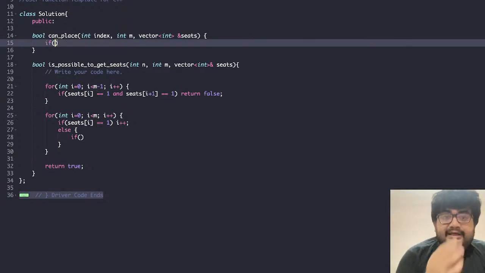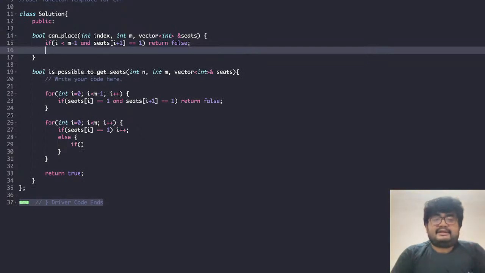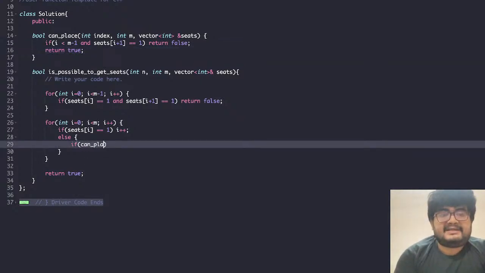So if i is less than m minus 1, and seats of i plus 1 is equal to 1, in that case return false. Otherwise, probably we can sit here. So return true in the other case.